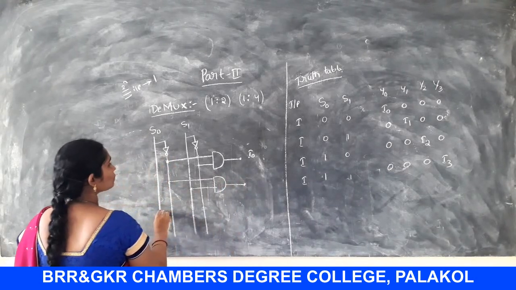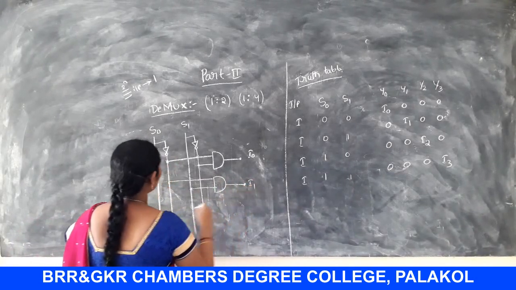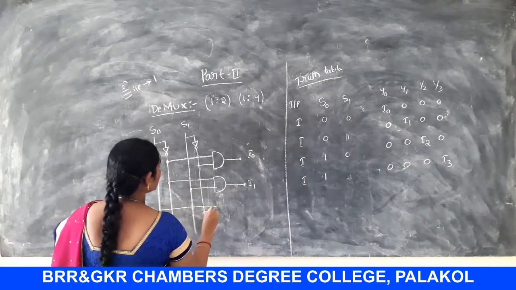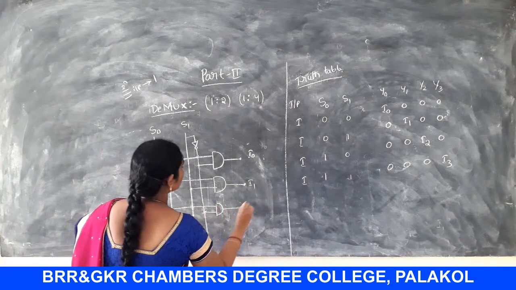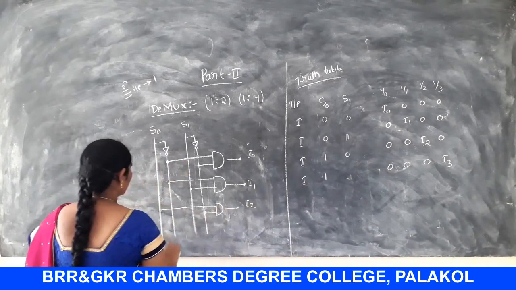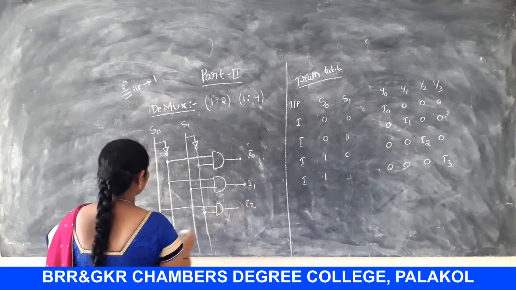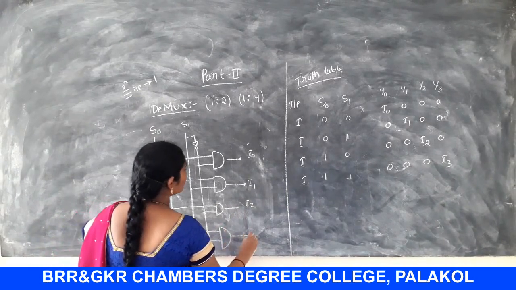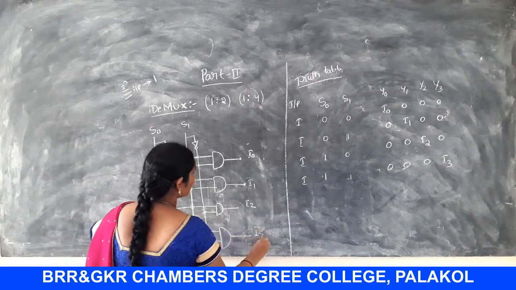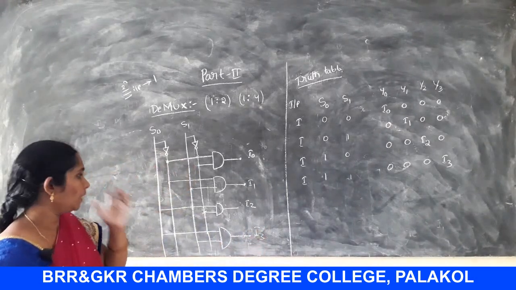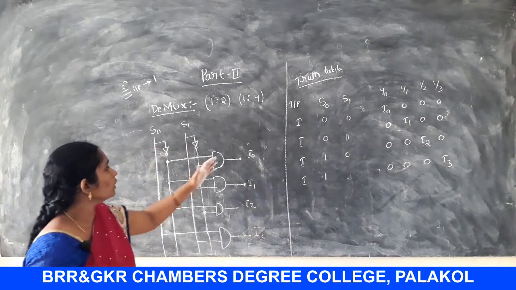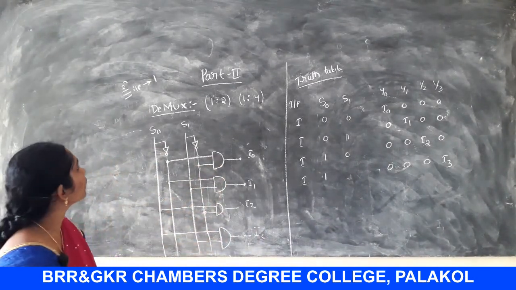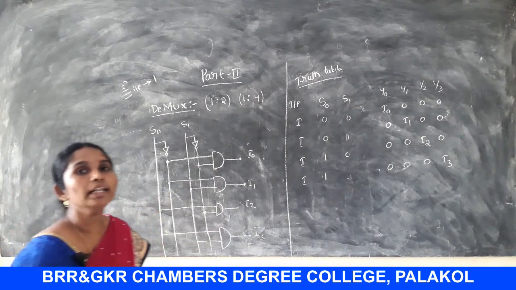The next one is 1 0, this is I2. The next one is 1 1, this is 1 and this is also 1, and it gives I3. Likewise, depending upon the selection lines, it will produce the 4 outputs. This is about the demultiplexer.